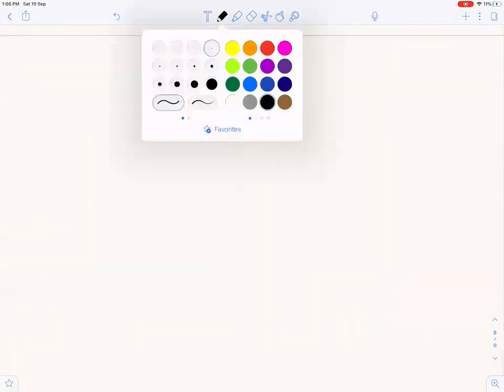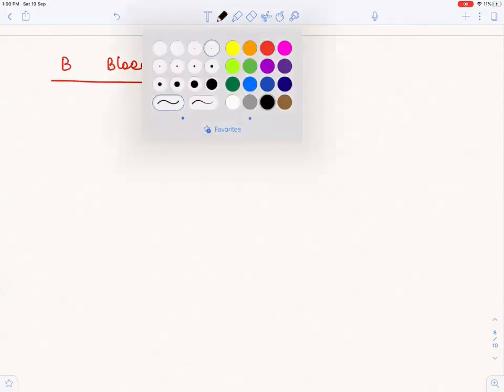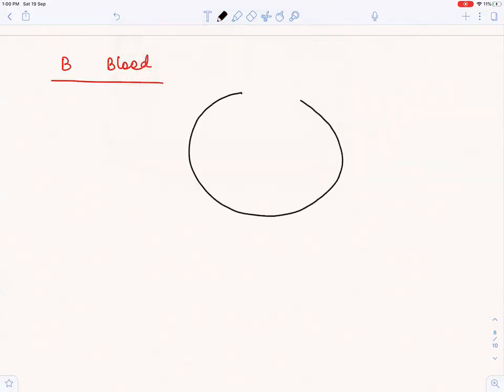चलो अब देखते हैं कि बी ब्लड में क्या होता है. If this is an erythrocyte, now see, these are the projections or the antigens on the surface.